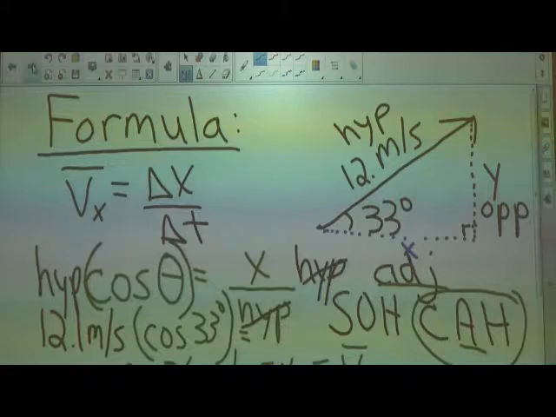So now you have to figure out what formula has average velocity, displacement, and time. So here's the formula right here. The first formula you were taught. So average velocity, and it's going to be in the x direction, is displacement over time.